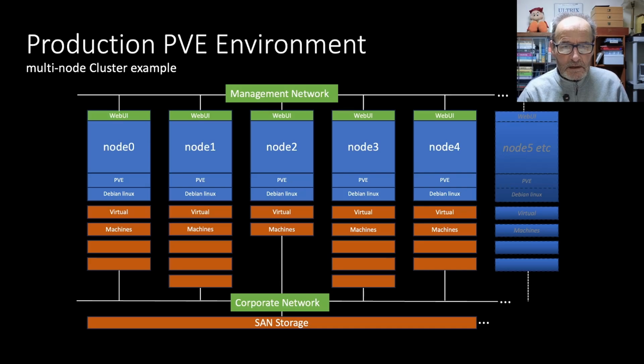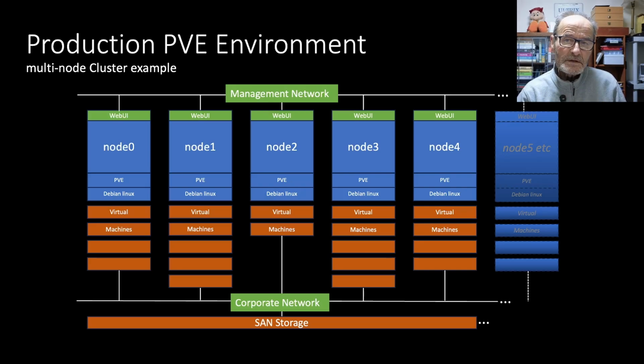So the actual hardware, the physical machines, and in this example there are 5 physical machines, node 0 through node 4. The physical machines do not directly store the virtual disks of the virtual machines. You can run as many virtual machines on a particular node as that node can support in terms of memory, CPU capacity, and other resources.